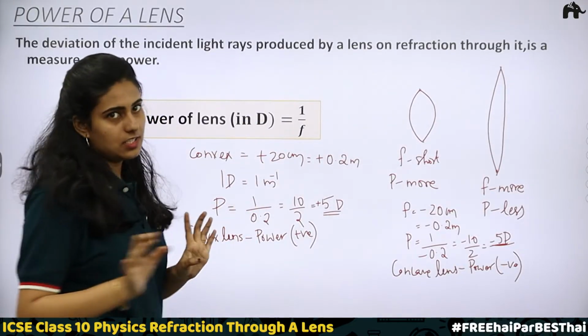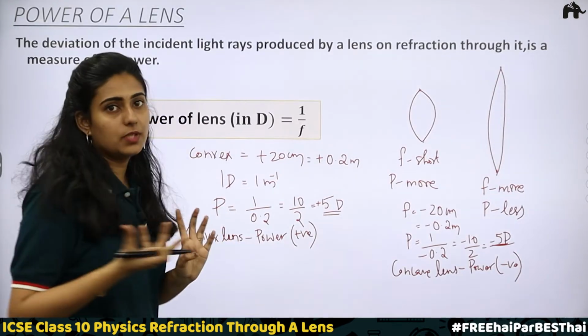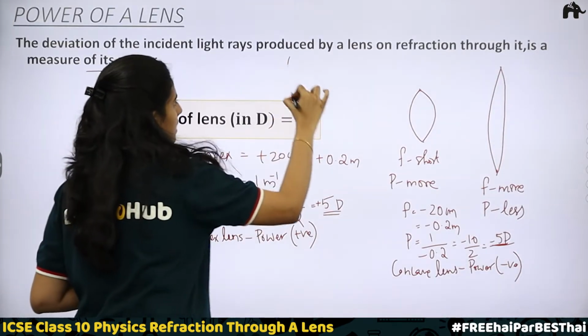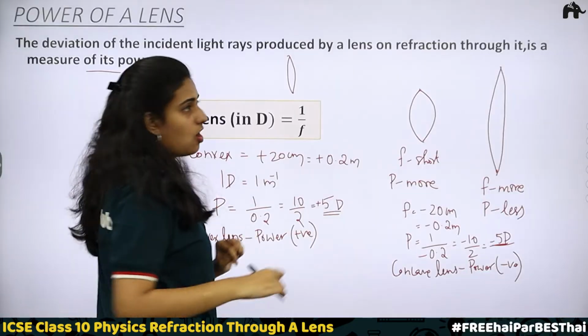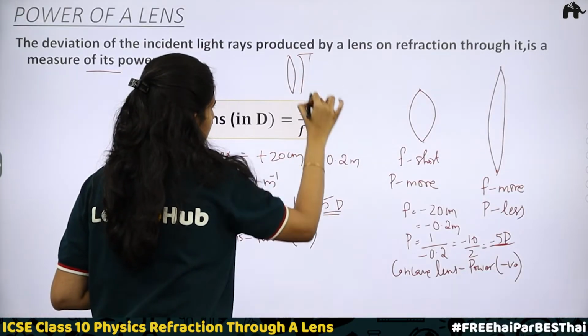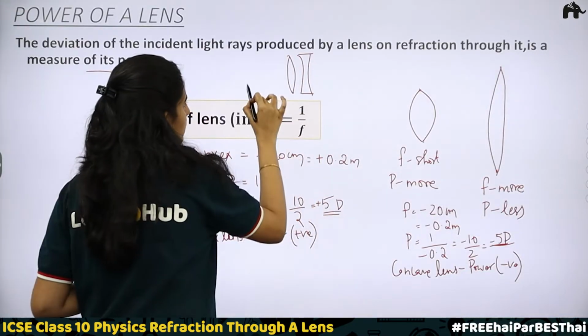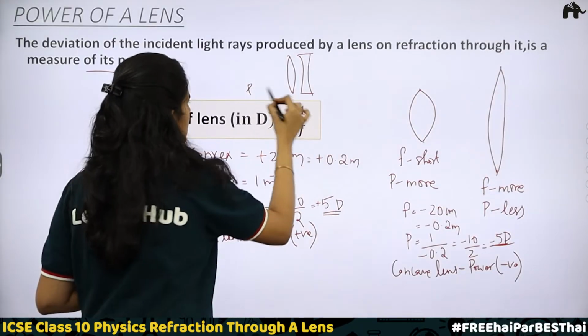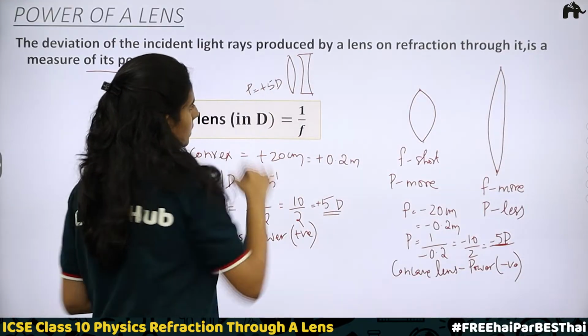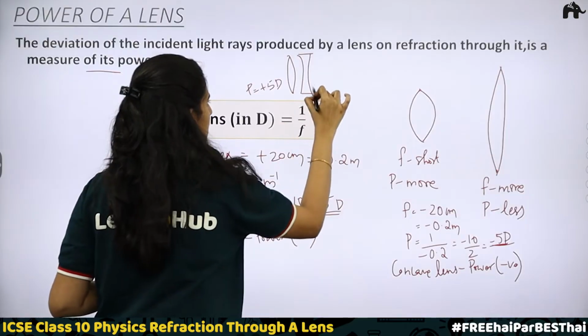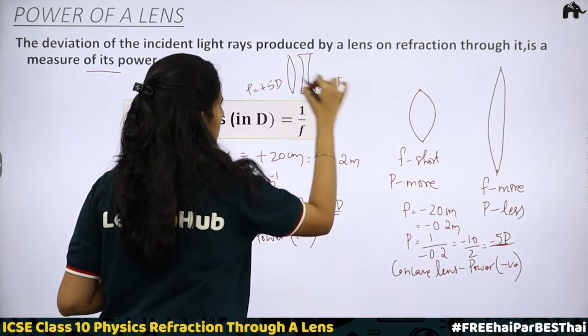Clear? Understood? Now, if you have a combination of lenses, say a convex lens and a concave lens, where the power of the convex lens is plus 5 diopter and that of the concave lens is minus 5 diopter.